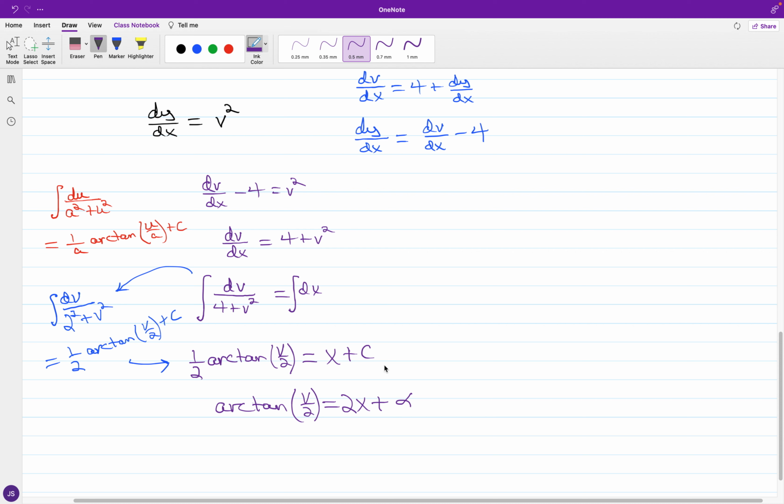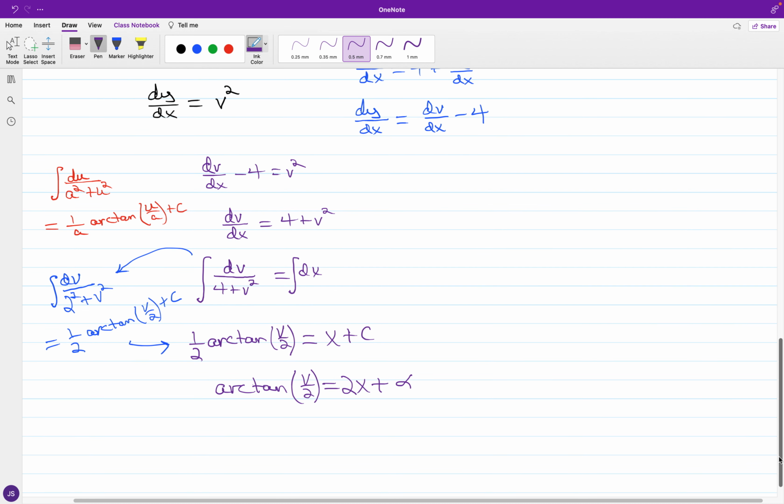Let alpha represent 2c. If I take the tangent of both sides, the tangent of the arctangent of v over 2 will be v over 2.